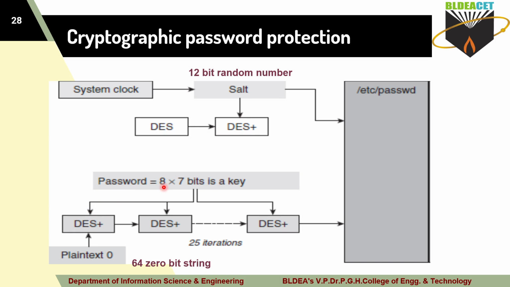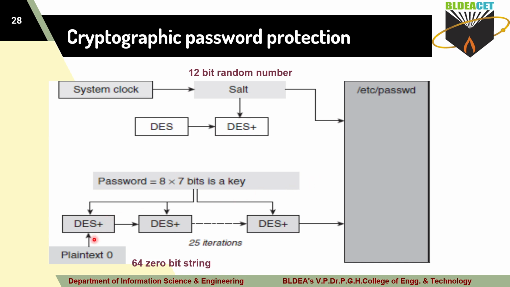As you already know, each ASCII character is 7 bits, so if I multiply 8 ASCII characters by 7 bits, we get a 56-bit key. As you already know, the key length required for DES is 56 bits, and you generate it in this way.